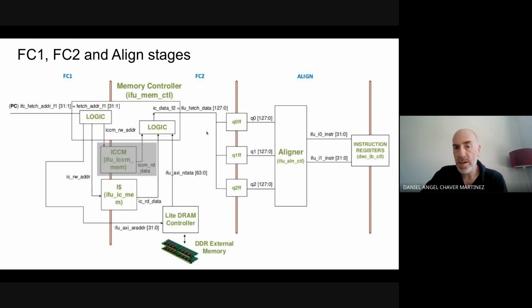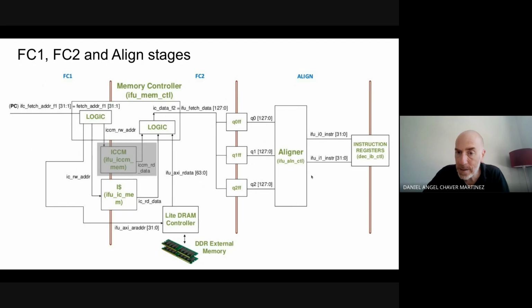So the instructions fetched from memory will be inserted in these three buffers that will provide the instructions to the next stages. So we'll have these buffers to store instructions that will be consumed by this next stage, which is called the aligner.